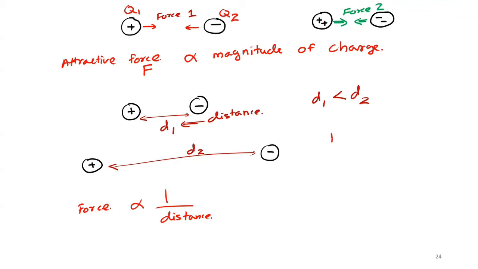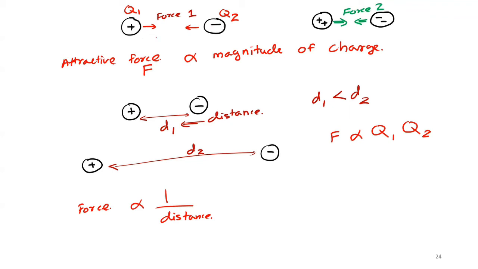Now I know that force is proportional to the magnitude of the first charge and also the magnitude of the second charge. It is direct proportionality. And the force is inversely proportional to the distance Q1 has from Q2.